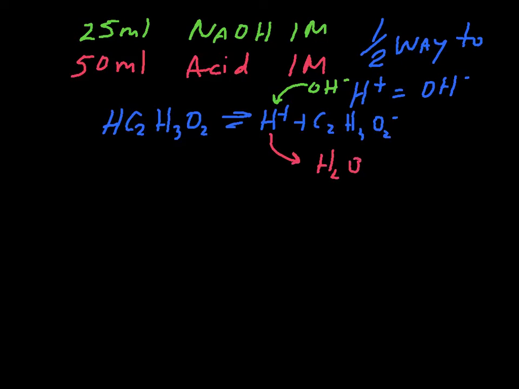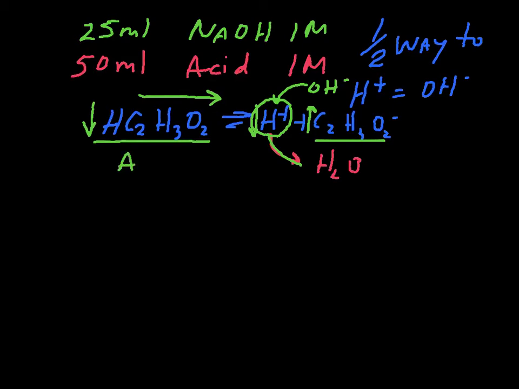Now, Le Chatelier's principle says, as I decrease the concentration of the hydrogen ion, the equilibrium is going to shift in a direction to replenish that loss, meaning the amount of the acetic acid is going to go down, leaving behind an acetate ion every time one breaks apart. So one of these breaks apart into one of these, which gets neutralized to water, leaving behind an acetate ion.